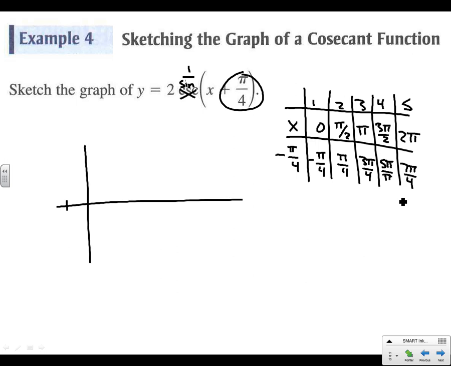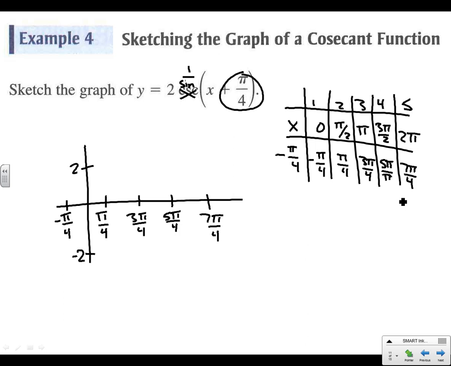My first point is back here at negative pi over 4, and then 1, 2, 4 more, just taking these values from the table we just did. Alright, we know my amplitude is 2.